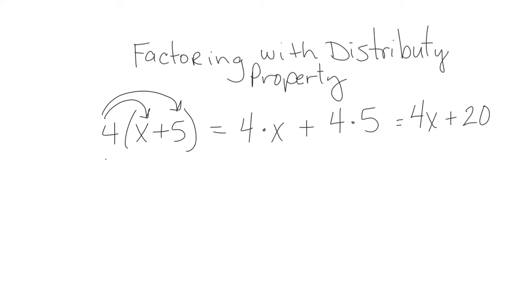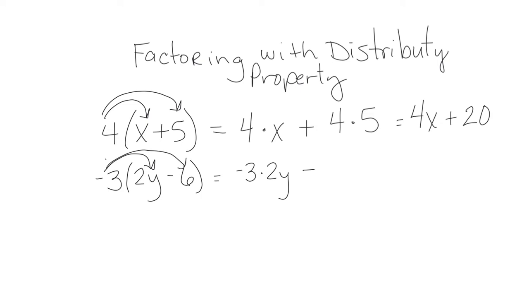If it's a negative outside the parentheses, and I gave you negative 3 times 2y minus 6, when we expand the expression, as they call it, using the distributive property, you take the negative 3 and you multiply it times the 2y. So we have negative 3 times 2y minus negative 3, and I'm going to put negative 3 in parentheses to keep it separated from our subtraction.